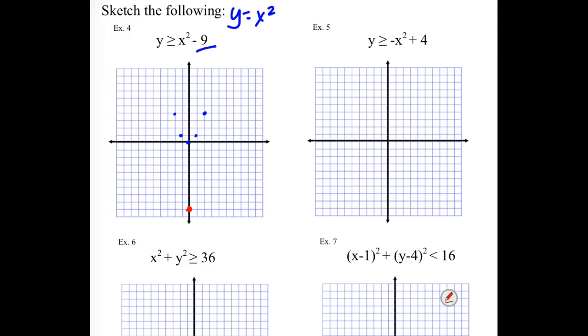My 1, 1 point moves down to here. The 2, 4 moves down to here. And then we have the mirror image. Okay. Will this be a solid or dotted parabola? Solid. Okay, so we're going to draw that in.